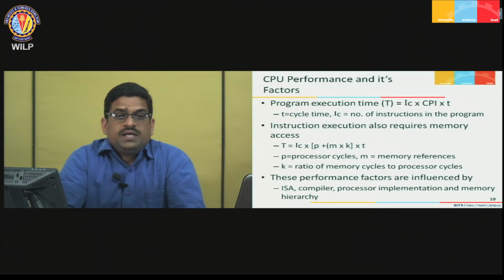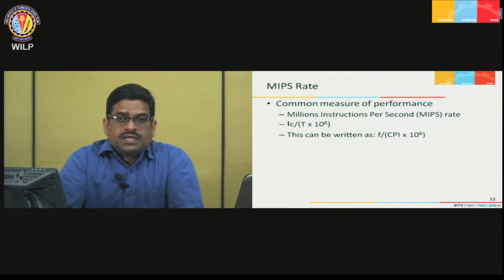So, how much data is fetched directly from the main memory compared to the cache memory, that ratio is also important. So, the equation becomes complicated, we can understand from here. The term which I am introducing now is the MIPS rate.